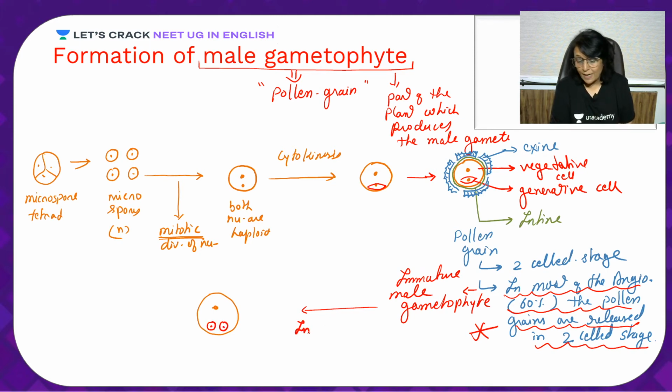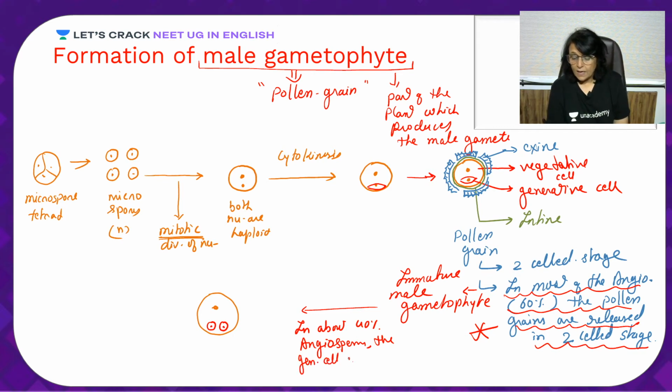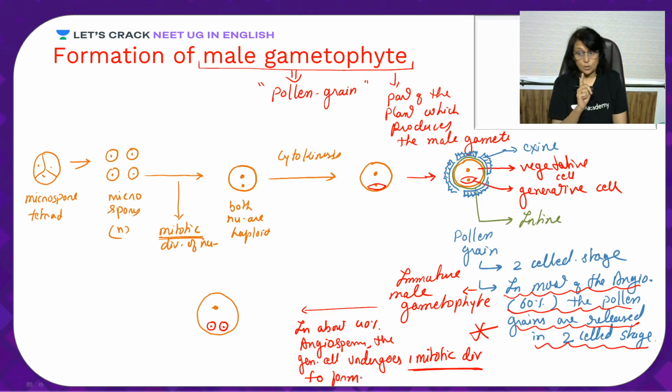So here we have to write, in about 40% angiosperms, the generative cell undergoes one mitotic division to form two male gametes.